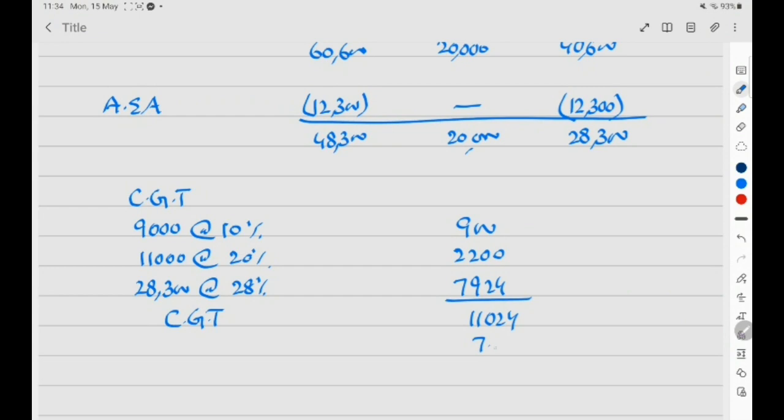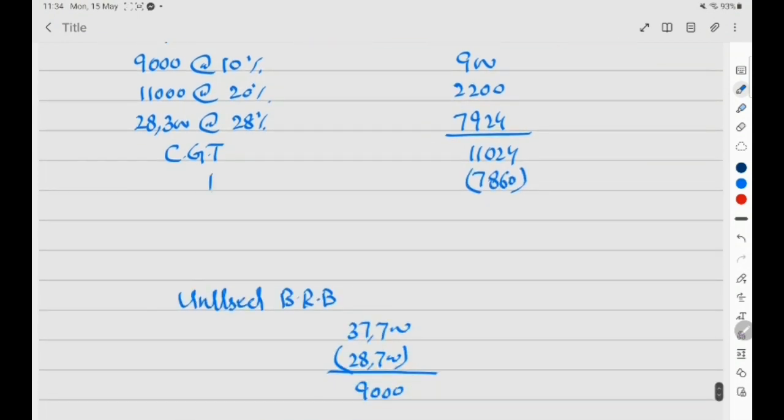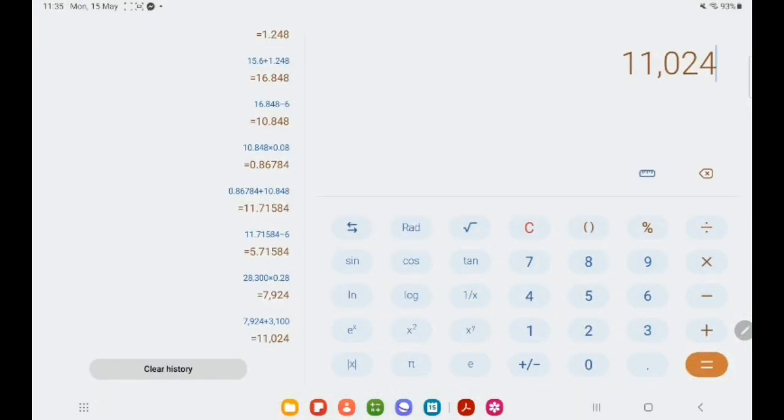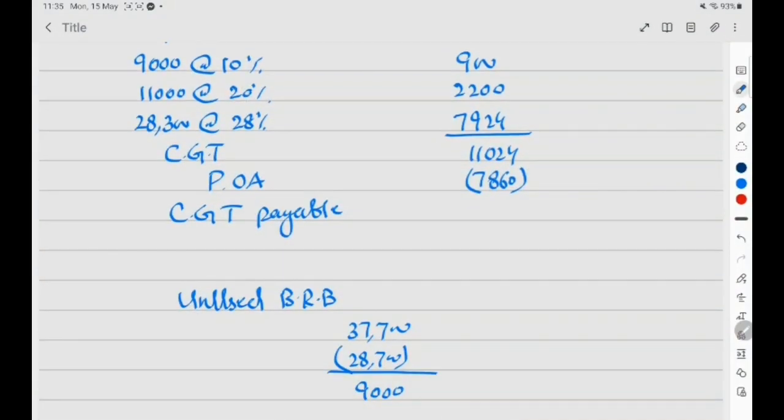7,860. It is to be deducted as this is payment on account. Then we have CGT payable. So 11,024 minus 7,860 gives you an amount of 3,164.